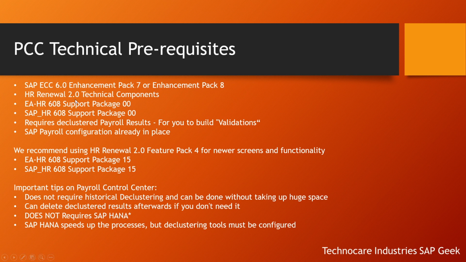Then the HR renewal 2.0 technical components must be there, which is nothing but EA-HR 608 at support pack 25, and SAP HR 608, also support pack 25, and it requires declusterization or declustered configuration of your payroll results. The declustering of payroll results is something that we are going to see in the configuration part also, when we start with the actual configuration of PCC. And this is what is required.